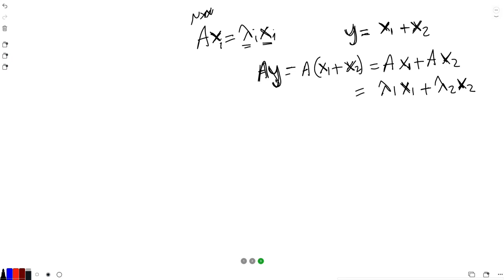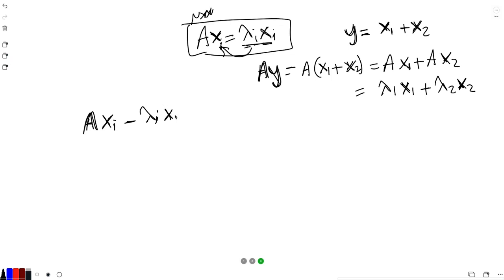Now let us go back to this equation and see how we could solve it in order to find the eigenvalues and the eigenvectors. If we take this part to the other side, we will have this equation. It becomes A times xi minus lambda i xi equals 0.